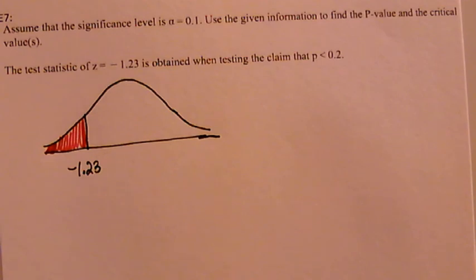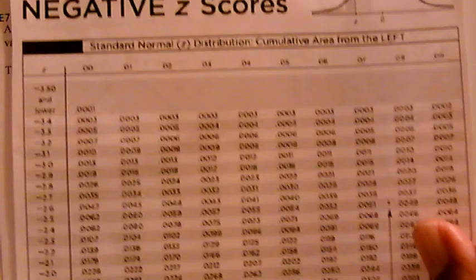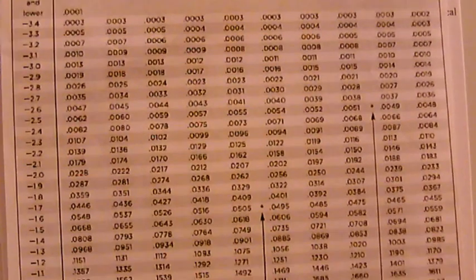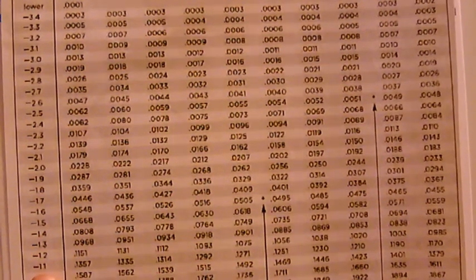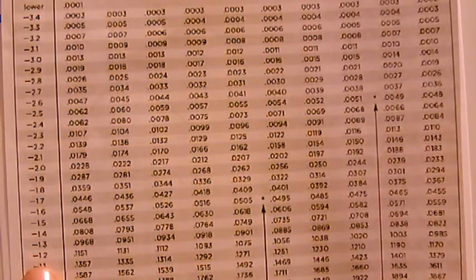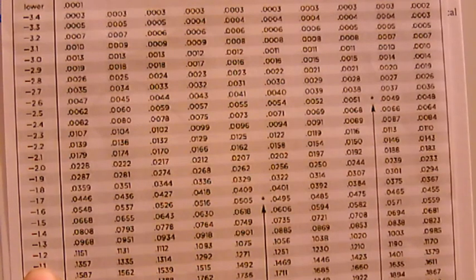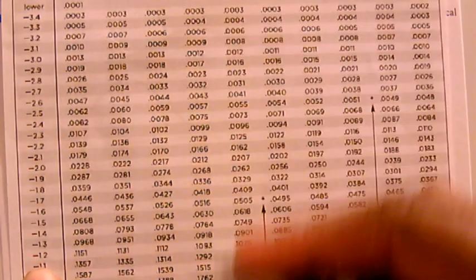And it is a negative z-score, so let's use the negative z-scores of our standard normal distribution and find negative 1.2. Well, negative 1.2 is right here, and 0.03 is this column right here.